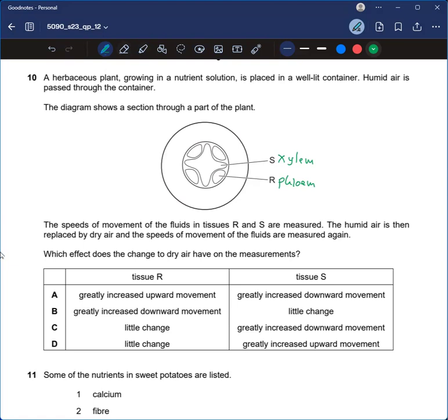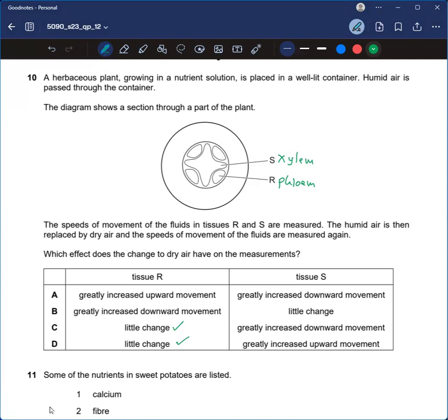So let's see, if there is humid air, less water would be removed from the plant, but if there is dry air, more water would be removed from the plant, right? So we know that R has no great significance in transpiration, so it would have little change.